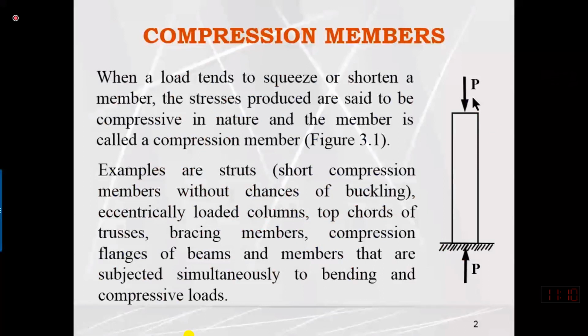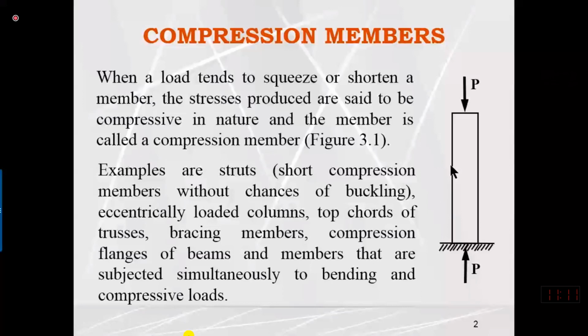This member will suddenly undergo very large deformation and fail, or it will suddenly bend in the lateral direction and fail, and the initial position of the compression member cannot be restored. So this out of plane bending occurs suddenly at one particular load value. This sudden out of plane bending due to the axial compressive force is referred to as buckling.